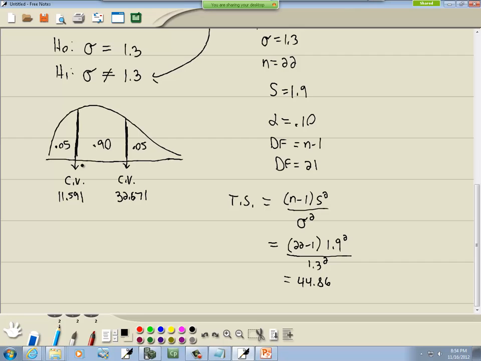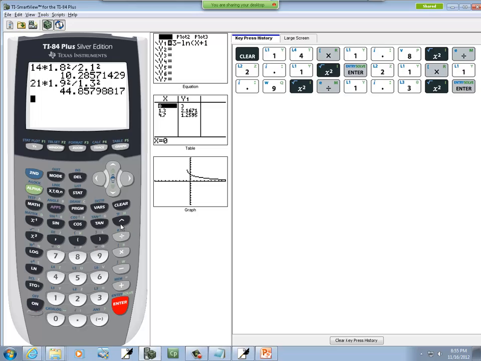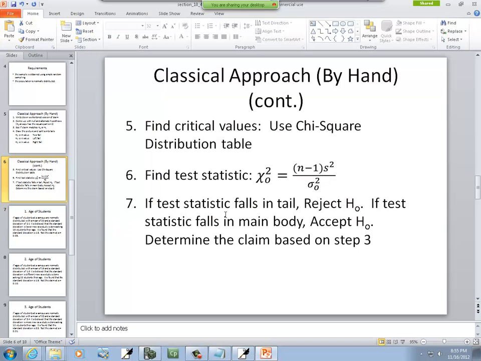Okay, here's the number line. Here's 11.591. Here's 32.671. 44.86 falls over here. It falls in the right tail. So our conclusion. If test statistic falls in tail, reject H0.